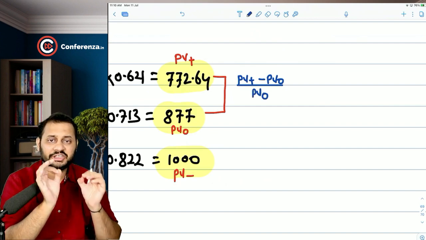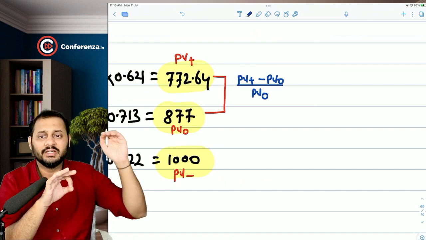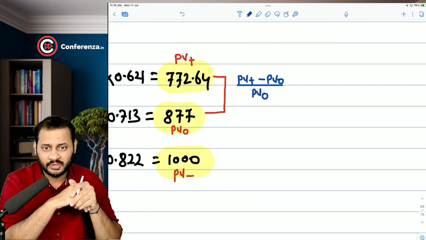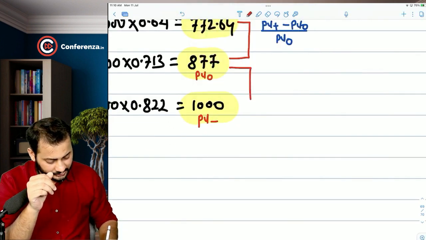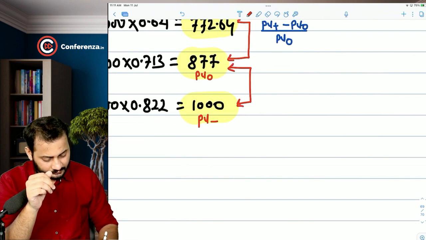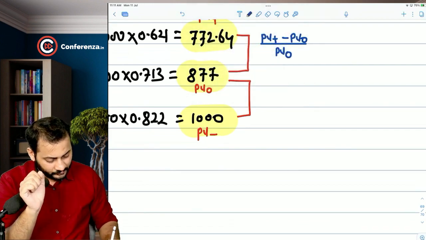This will give me the change in the market price, or the present value of the bond, when I am increasing the YTM. Similar will be the case here if we want to calculate the change when we are decreasing the YTM. So how are we going to do it? It's very simple.